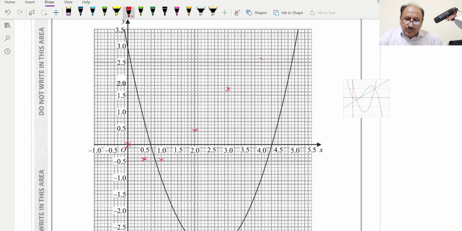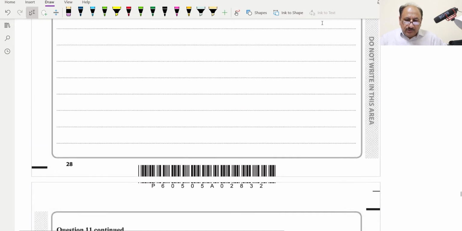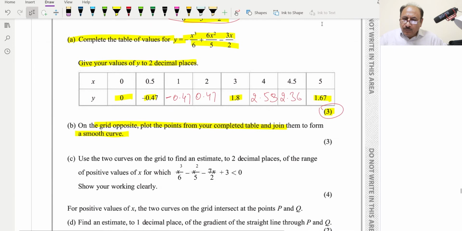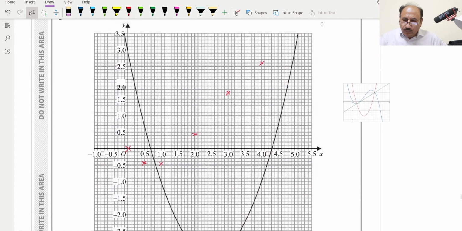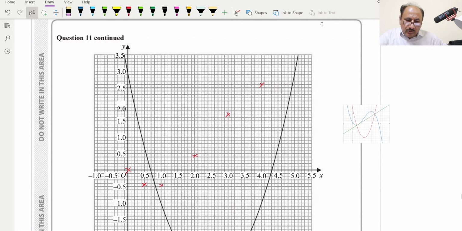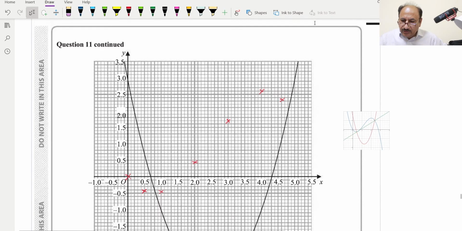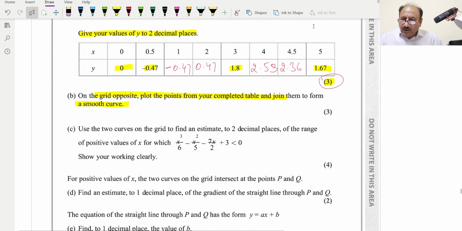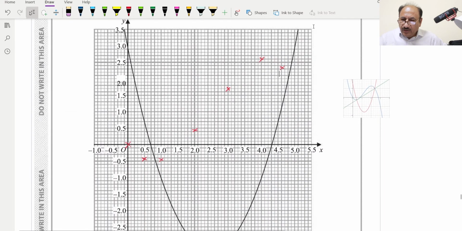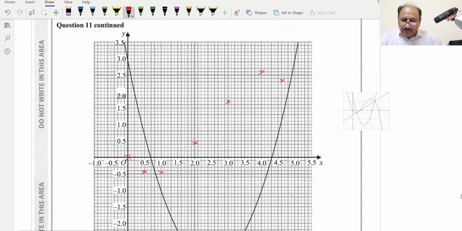So 2.53 like this, and next will be 4.5 and 2.36. 2.36 will be around here, and the next value is 5 and 1.67. So 1.67 will be roughly over here.